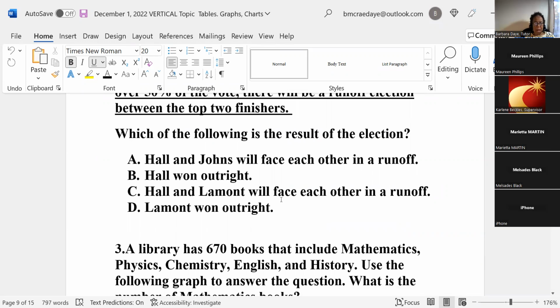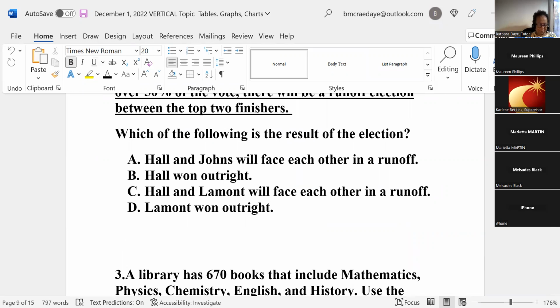Hall and Lamont will face each other in a runoff. So that would be answer C. Got it? Because no one got more than 50%, as you said, Marietta. So you have to have a runoff.